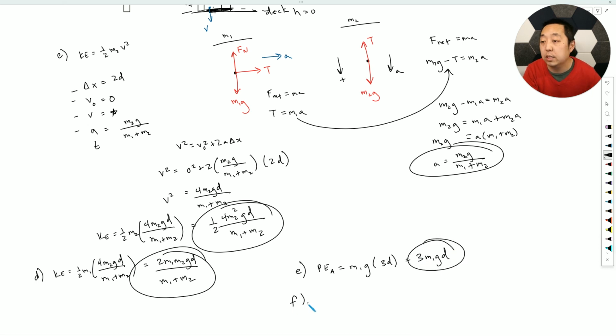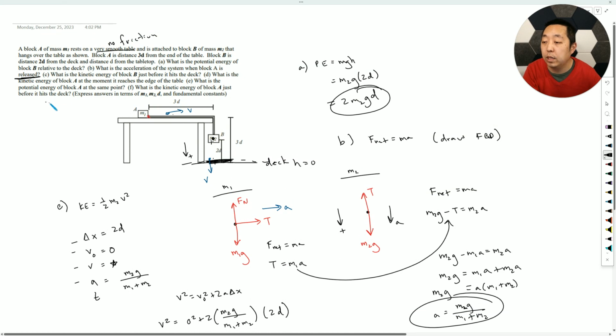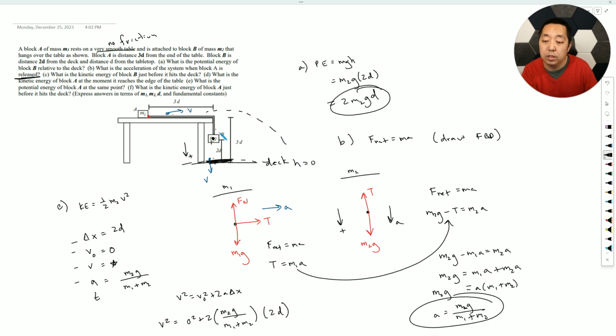Okay, and then let's look at this last part here. What is the kinetic energy of block A just before it hits the deck? So what's going to happen now is this block is going to hit the deck, and then block A is going to continue to travel. Once this one travels 2d, right before it hits the ground, the other has traveled 2d away.